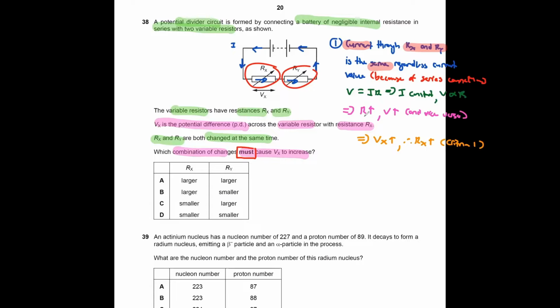So this is based on what you've done here. And then after that, if you look at another way of looking at it, if you apply Kirchhoff's second law to your current circuit, specifically you apply it to this particular loop right over here, you could say that your EMF E is equal to the voltage across your Rx plus the voltage across your Ry.